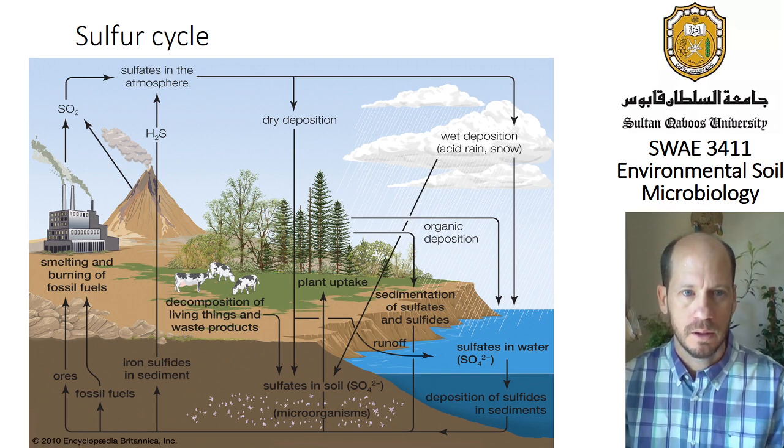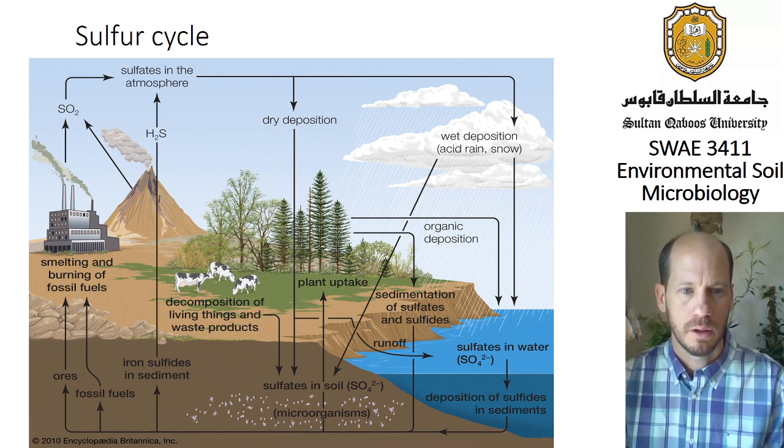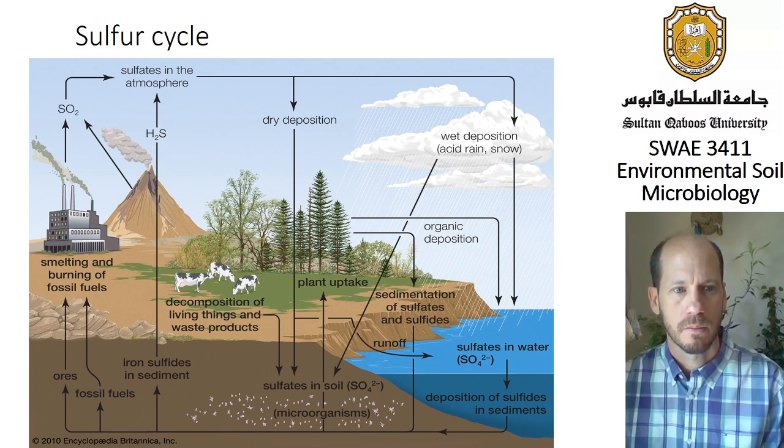In the atmosphere, sulfates and hydrogen sulfides will be the main forms of atmospheric sulfur, but dimethyl sulfides will also be present, from microbial emissions in water systems.